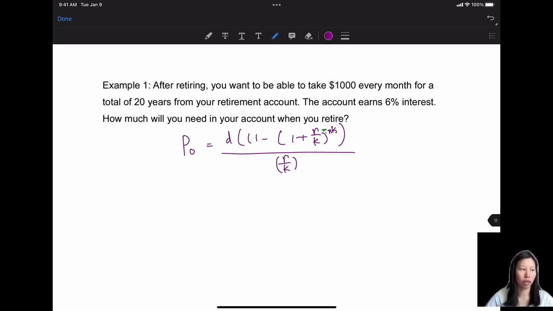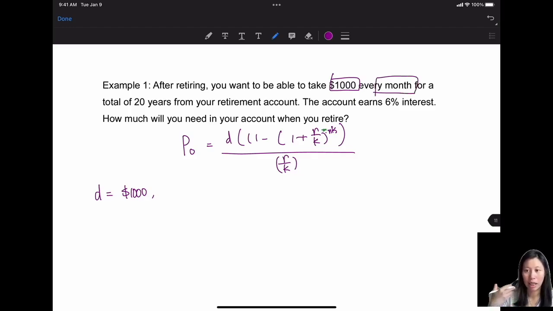Okay, so now let's take a look at which one is which. You want to be able to take out 1,000 every month, so 1,000 is your regular withdrawal. D equals 1,000. Every month means the frequency K equals 12, because there are 12 months in a year. The total time is 20 years, so N is 20.